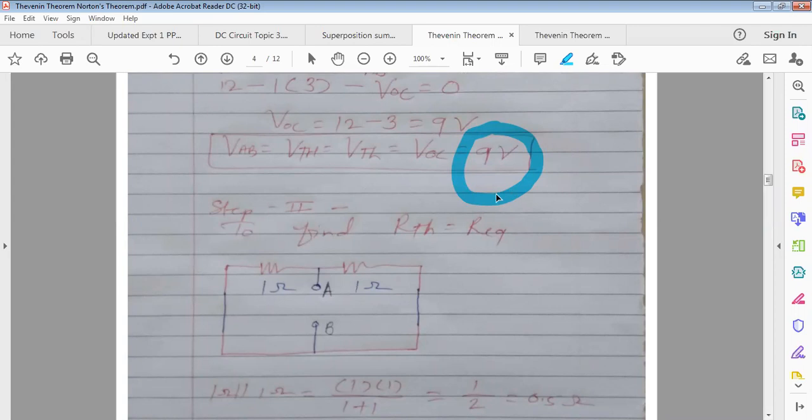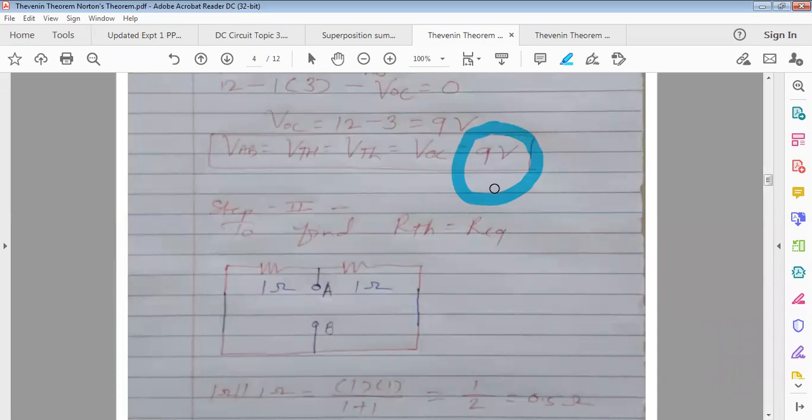Means VTH you have to calculate compulsorily, so you should know Thevenin's theorem. Or they will ask you to calculate RTH and IL, given in the first option, in the second option, similarly in C, similarly in D. Pick the correct one. Find Thevenin's equivalent resistance and load current.